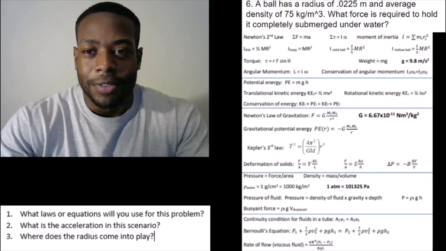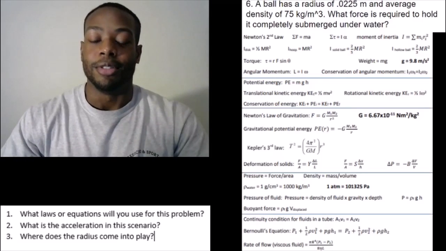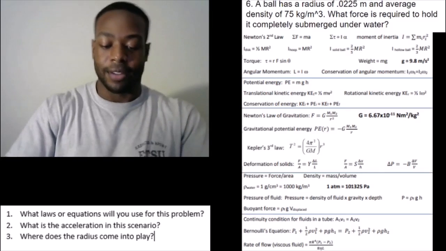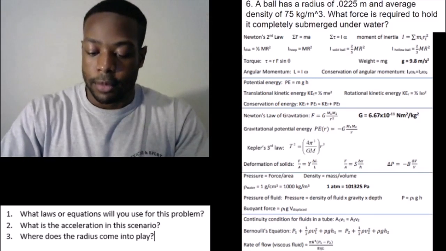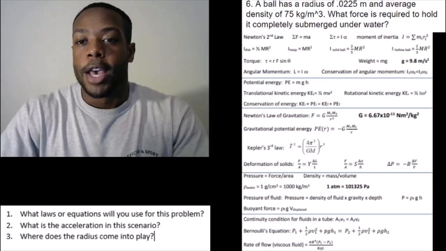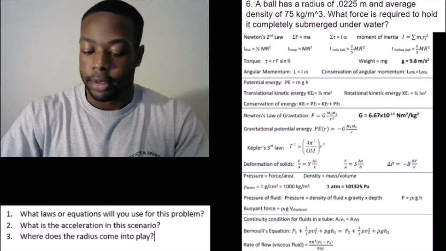So for 6, we've got a ball with radius 0.0225 meters. Average density is 75 kilograms per cubic meter.